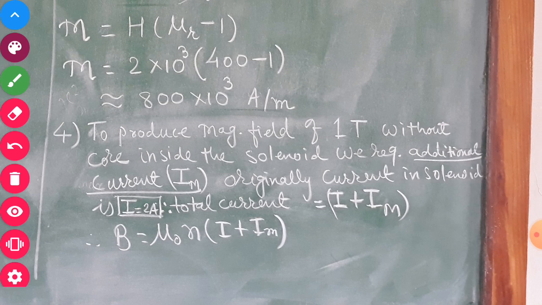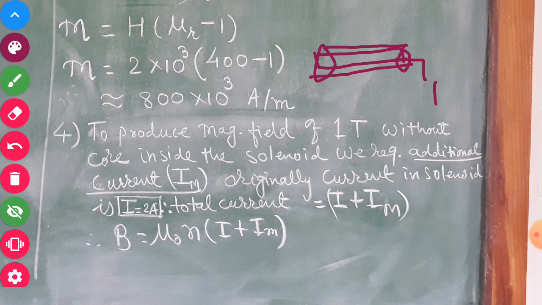Now, to produce the magnetic field of 1 Tesla, say for example you have this solenoid which is having some core within it, and because of that you are producing the magnetic field of 1 Tesla by passing 2 ampere current. Try to understand.